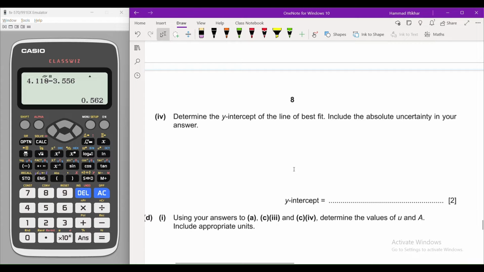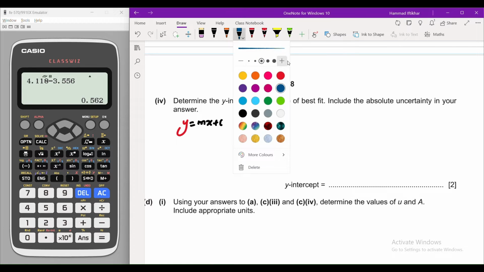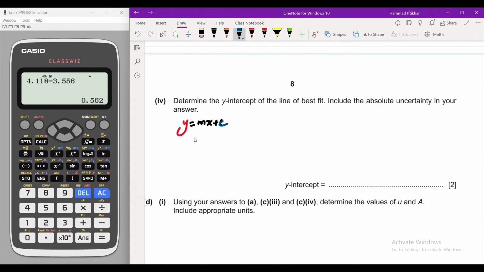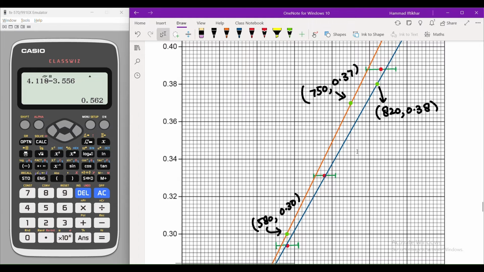Determine the y-intercept of the line with the best fit. Include the absolute uncertainty in your answer. Okay. So for the y-intercept, we need to consider y is equal to mx plus c. We chose one of the points on our best fit to be 820 and 0.38.